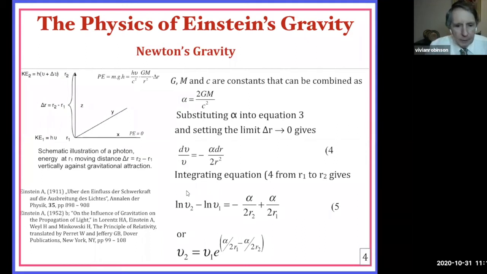Integrating from r1 to r2 gives ln nu2 minus ln nu1 equals minus alpha over 2r2 plus alpha over 2r1. Or nu2 equals nu1 times e to the alpha over 2r1 minus alpha over 2r2. That shows how much the frequency of photons changes as they move through a gravitational field.